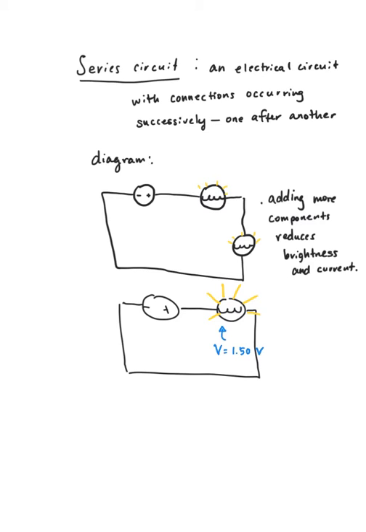And the current moving through this circuit was only 0.15 amps. Is there any way to mathematically relate voltage and current and explain why adding more light bulbs decreases both?